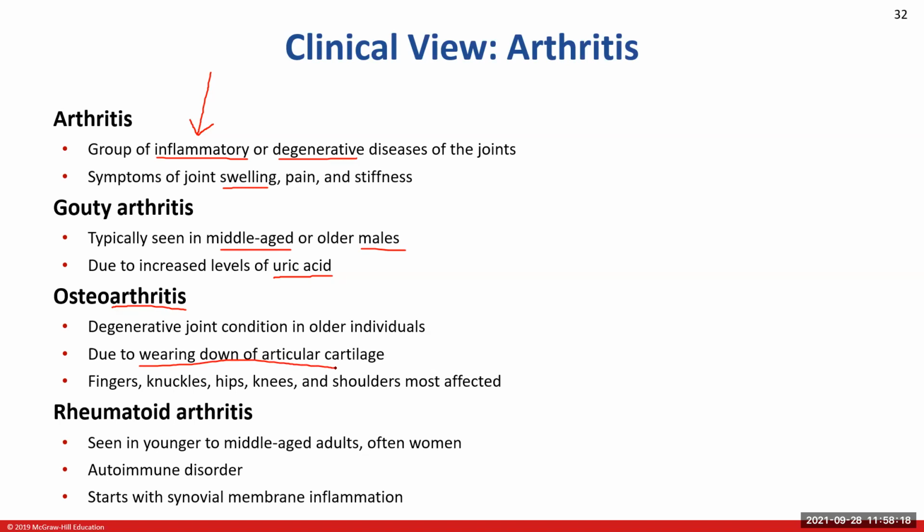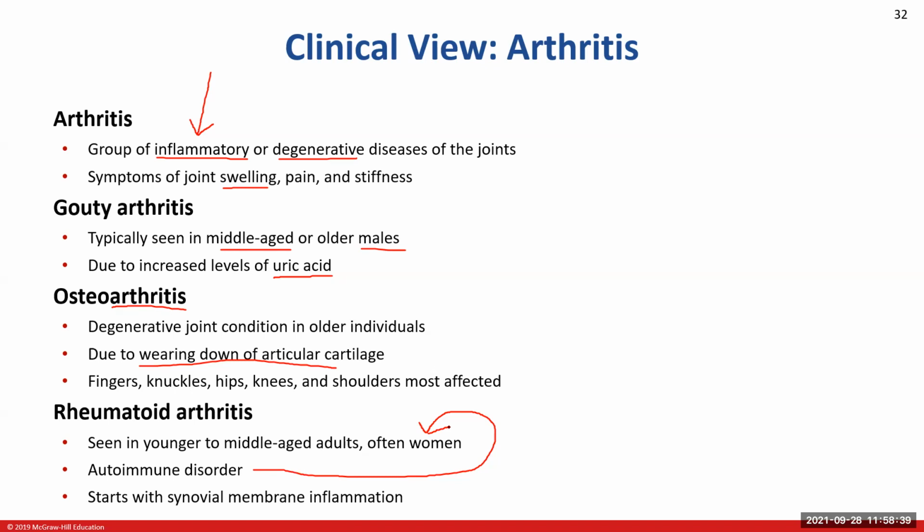And then finally, we have rheumatoid arthritis. Rheumatoid arthritis is an autoimmune disease. If you hear that a certain condition or disease is autoimmune, that means it's going to most often affect women much more than men. Just how it is.